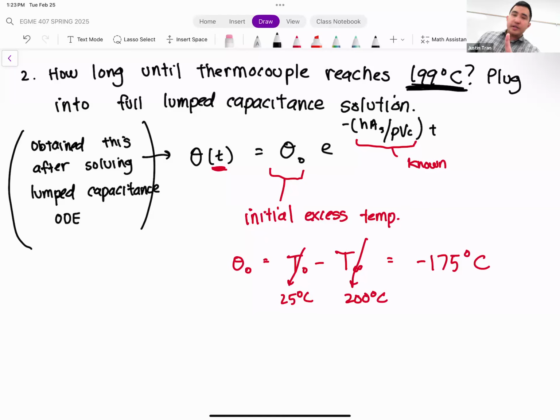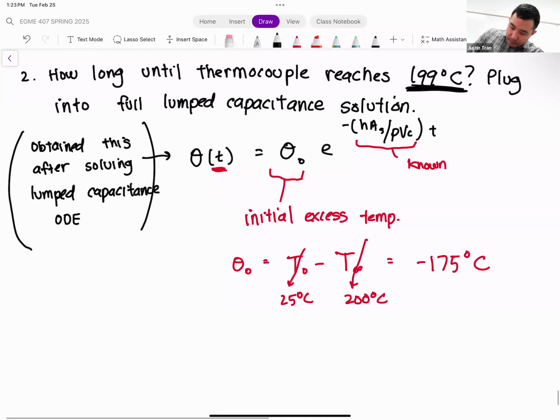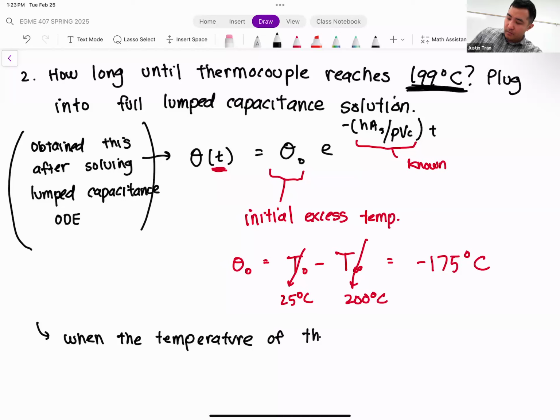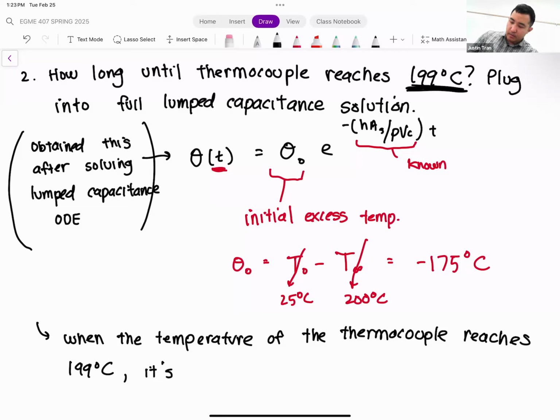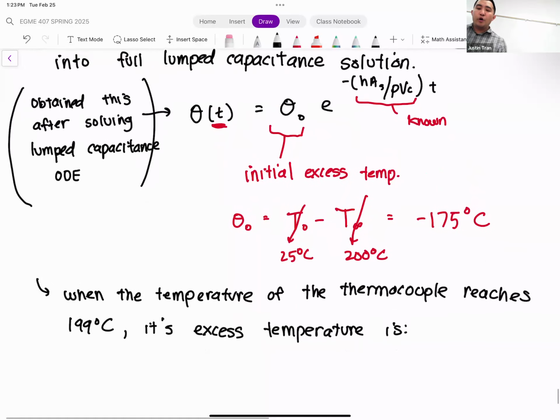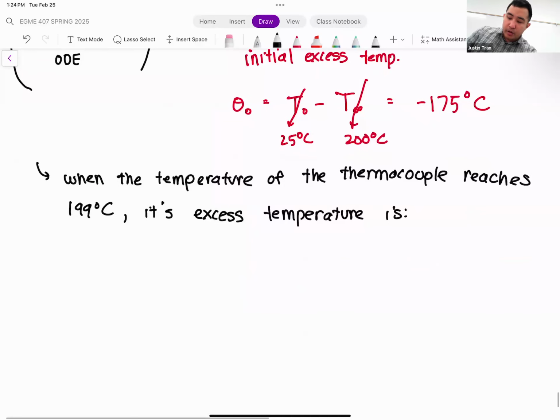So first, let's find out what the value of theta is going to be when the thermocouple reaches 199 degrees C. Because remember, when we're solving our lump capacitance equation, we're solving in terms of theta, not in terms of T. But when T is 199, we can compute its theta very easily.